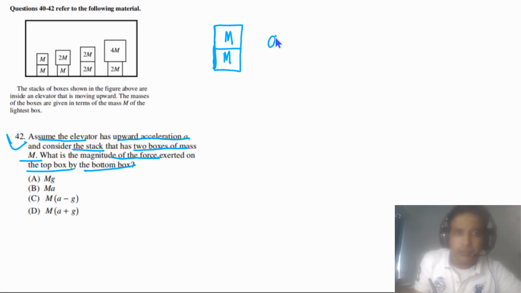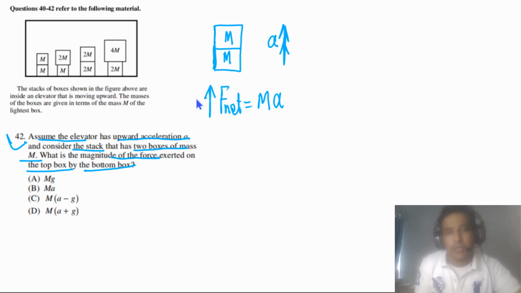For this question, it is given to us the elevator is moving upward with acceleration A. So it means the acceleration of this box is also A. So we can say the net force on the top box, F net, has to be equal to M times A, and F net has to be in the upward direction.